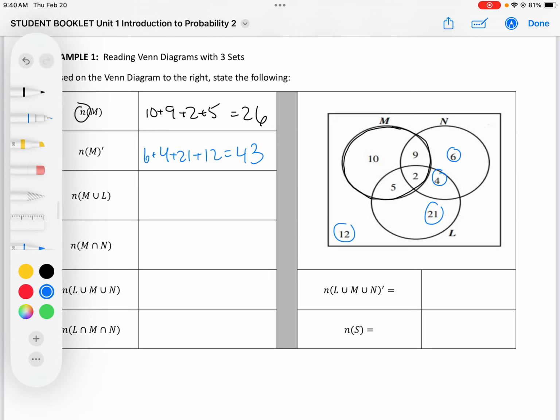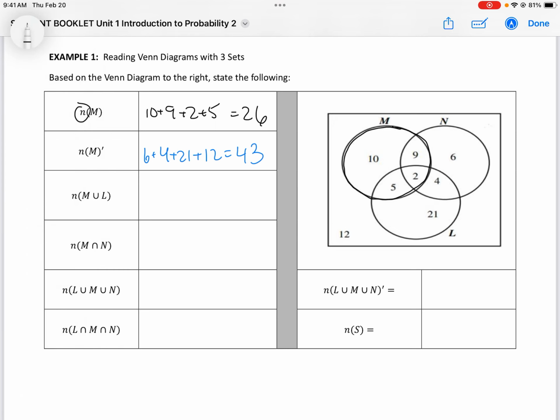This is going to be all of the elements in M or L. And remember, as long as it lands in M or L, we're going to include it. So in these 2 circles, we add up all of the elements. We already said M here was 26, so we can start with that baseline of 26 and then add 4 and 21. I get 51.